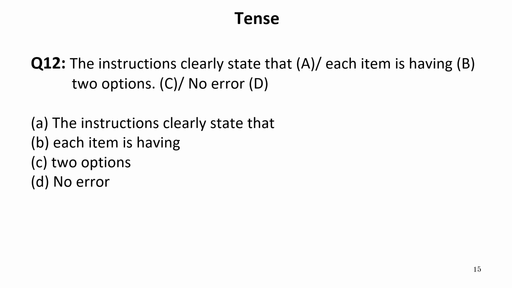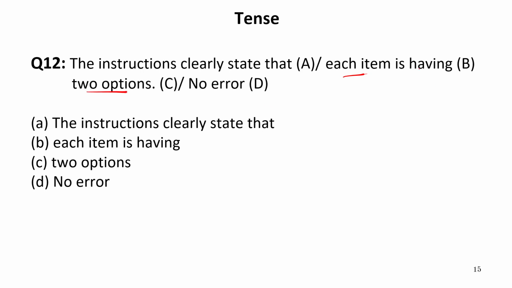As if I say, I know you, so the sentence will be I know you. I cannot make it like I'm knowing you. Now, if I possess something, for example, I have a car, so I'll make the sentence like I have a car. I cannot say that I'm having a car. That will be incorrect. Therefore, in this sentence, each item possesses two options. It means it has two options.